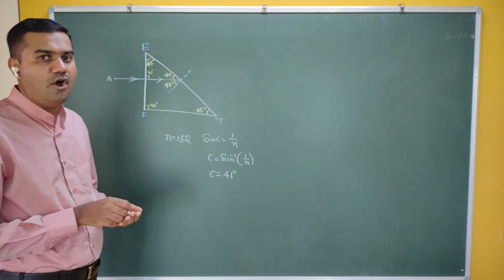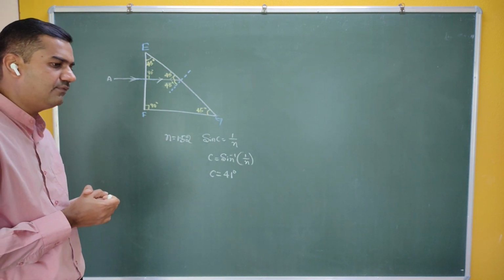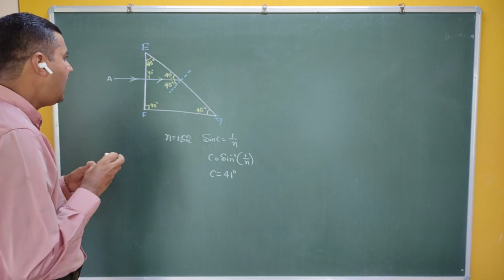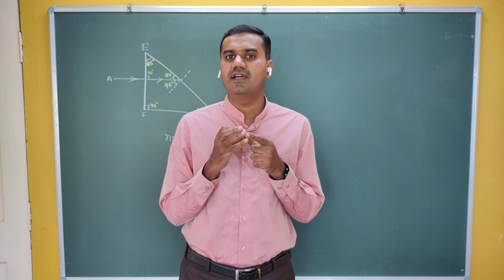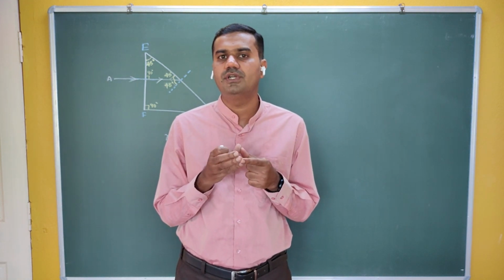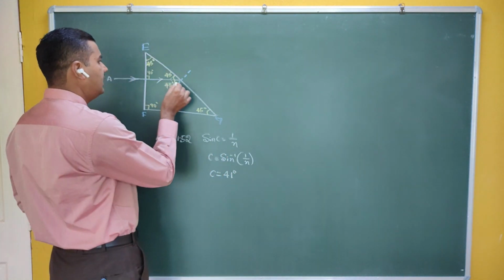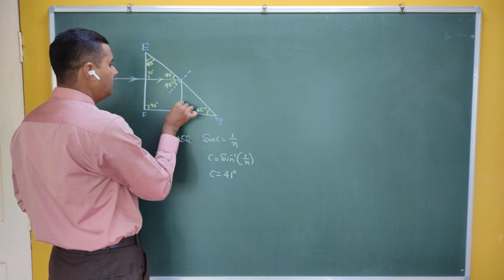Therefore, instead of refraction, reflection takes place, and we call that reflection total internal reflection. Number 2, as it is a reflection, the laws of reflection say that the angle of incidence should be equal to the angle of reflection. Therefore, if this angle is 45 degrees, this angle should also become 45 degrees.